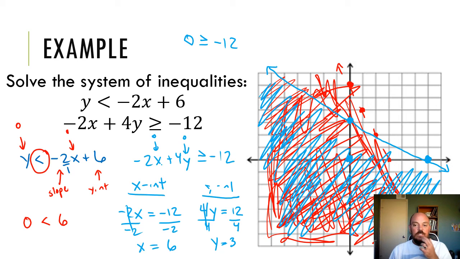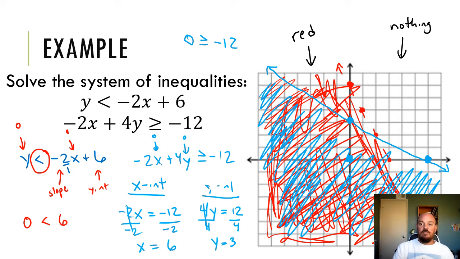Now the final answer to the question is the area that's double shaded, that is both light blue and red. So kind of think of it as your graph has been split up into 4 areas. Number 1, you have this triangle here that's red only. That's not the answer. Number 2, you have this area over here that's not shaded at all.